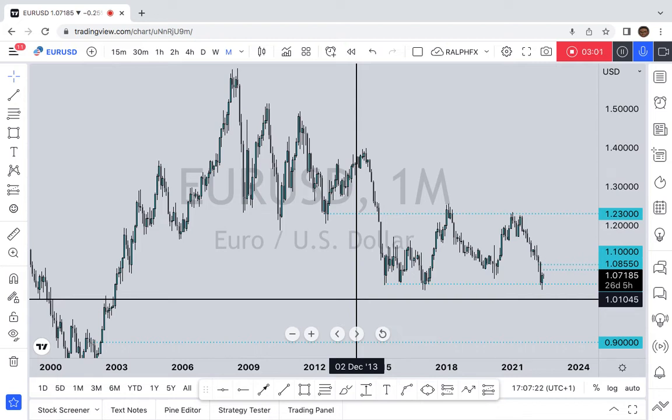And for EURUSD, I'm on the 1 month time frame. A lot of you might be thinking, why are you on the 1 month time frame? Well, to spot very potent or very effective supply and demand zones, it is best to use the higher time frames.